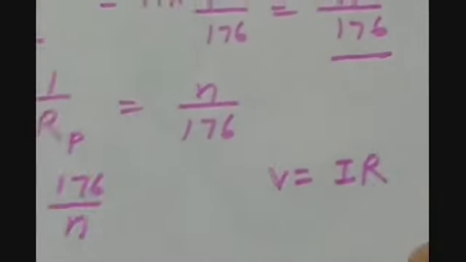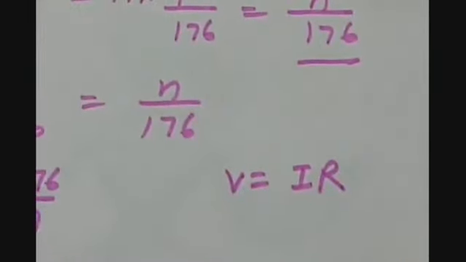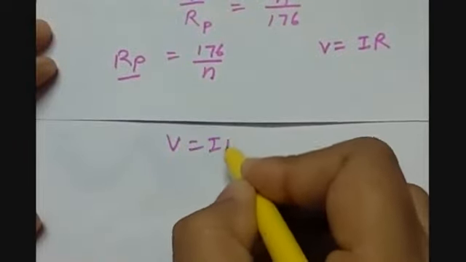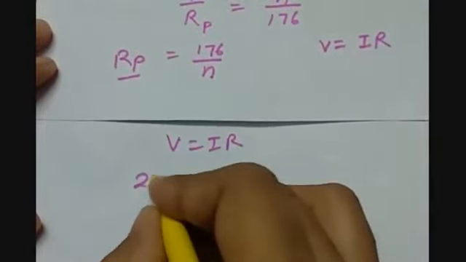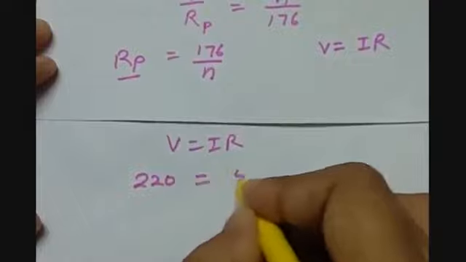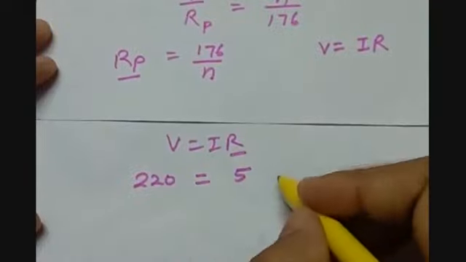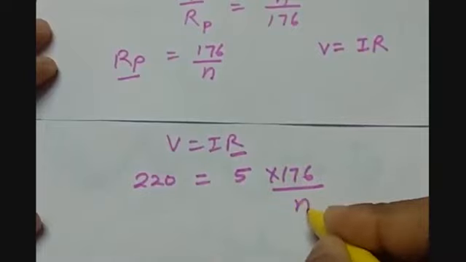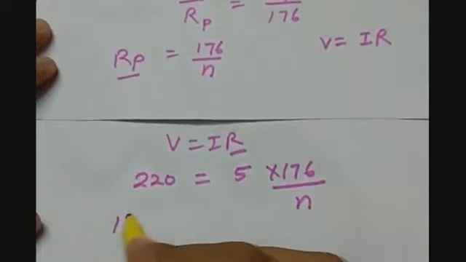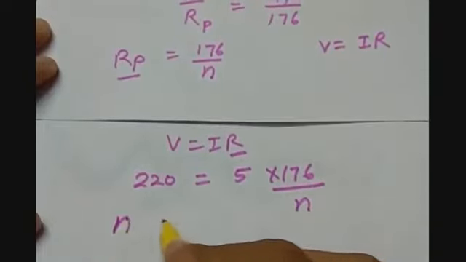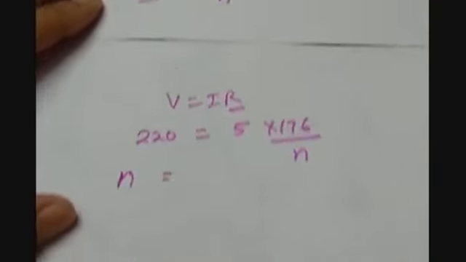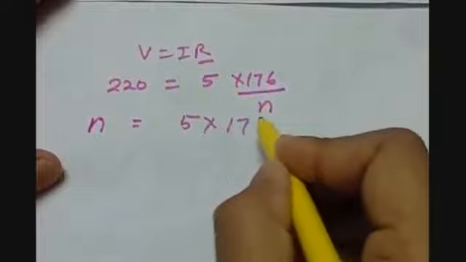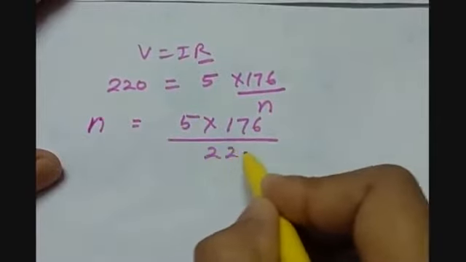So let us put the values of V, I and R. So V is 220 volt, I is 5, R is equivalent resistance, which is now 176 upon N. So N comes here and we will have 5 into 176 upon 220.